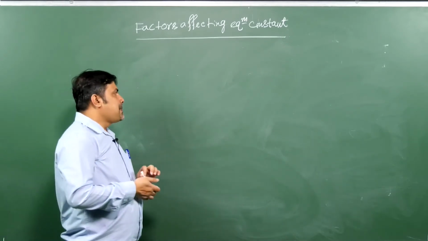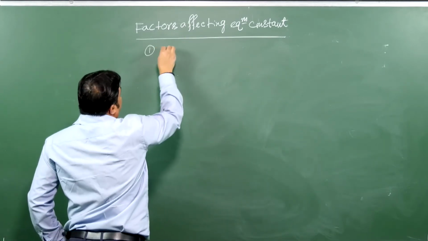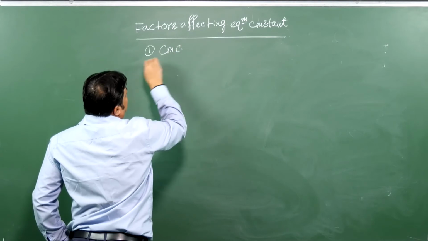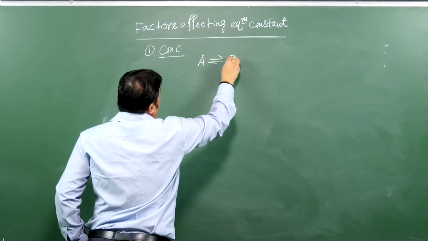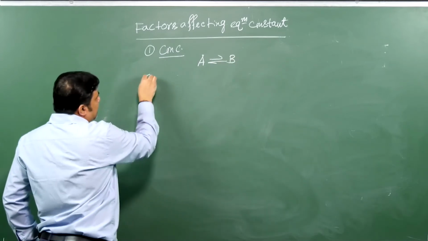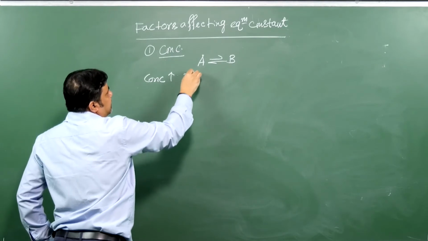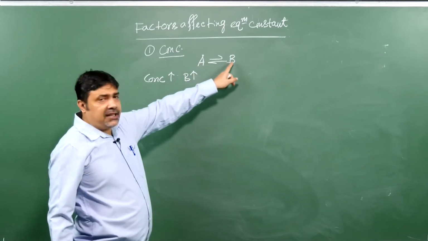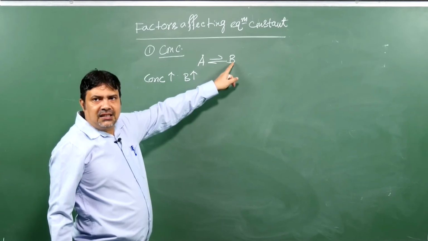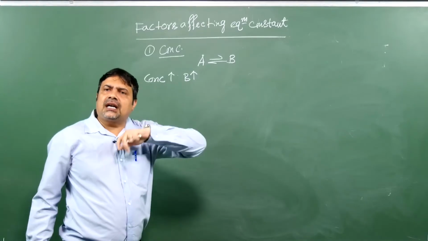So suppose the factor I am talking about is concentration. Suppose A is converting to B, this is an equilibrium. If the concentration of B is increased, then what will happen? The equilibrium expression is nothing but the active mass or molar concentration of the product, B, by A. Suddenly you are changing the concentration.